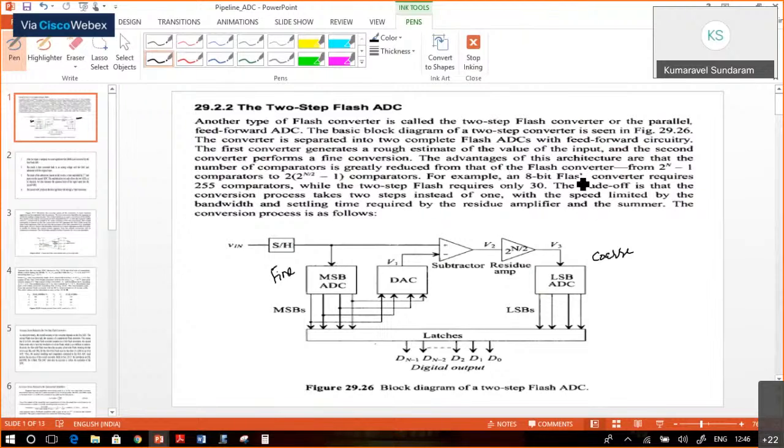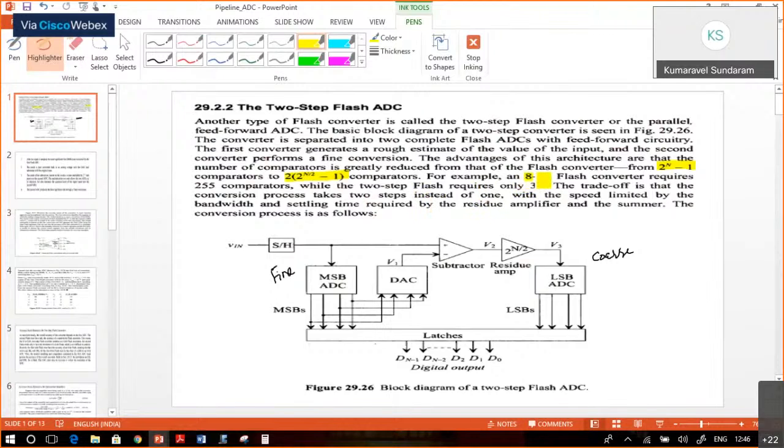Here in this architecture, the advantage is that the number of comparators is greatly reduced. How is it reduced? In flash ADC, we require 2 power n minus 1 comparators. Whereas here, because we are dividing into LSB and MSB, it is 2 into (2 power n by 2 minus 1) comparators.